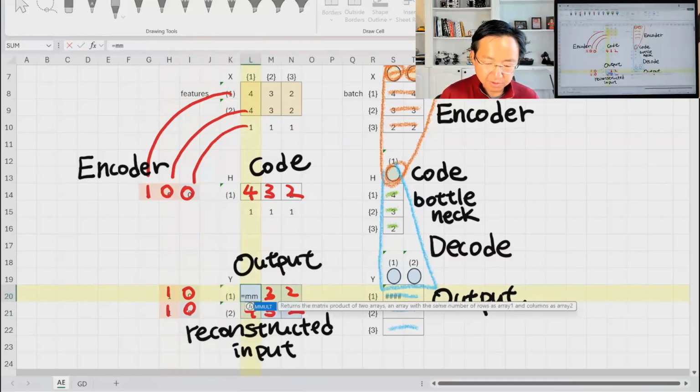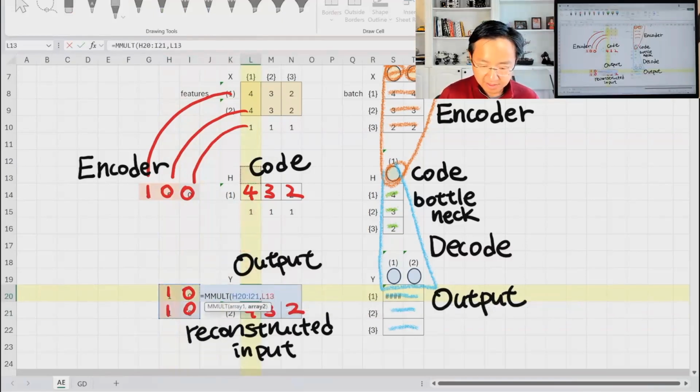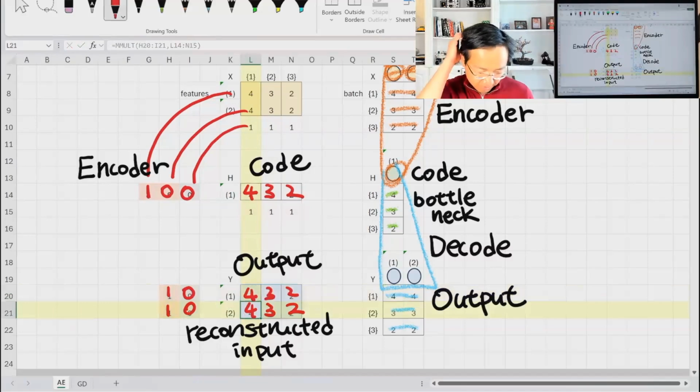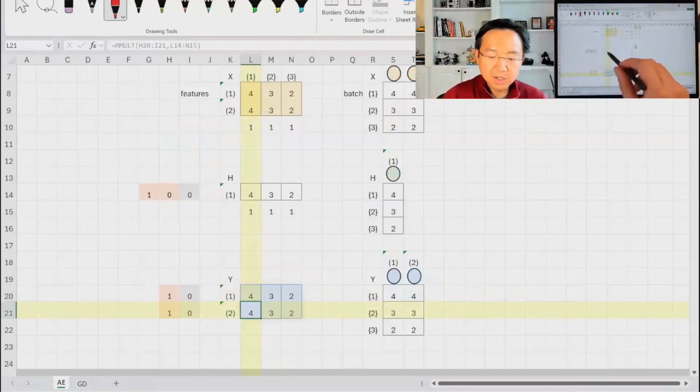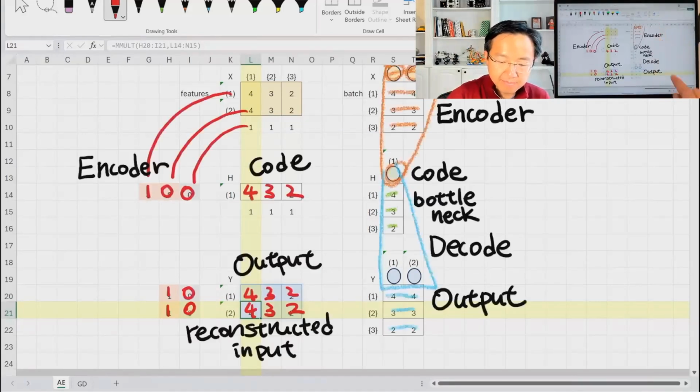And now we're going to do matrix multiplication, take my weights over here, and take the code with the augmentation of ones in order to calculate biases. Okay, and so if I hide my ink, we see that this is a clean version of the encoder decoder architecture. And you can see that the output and the input look exactly the same. Okay, so let's bring the ink back.